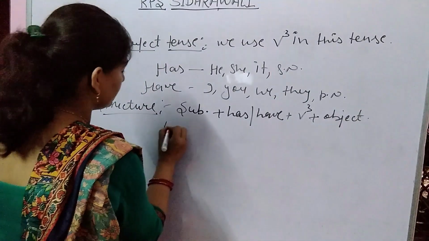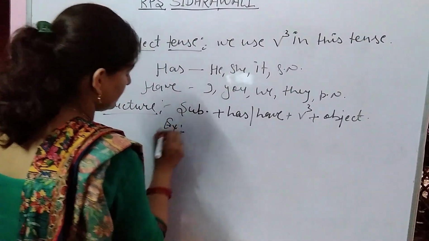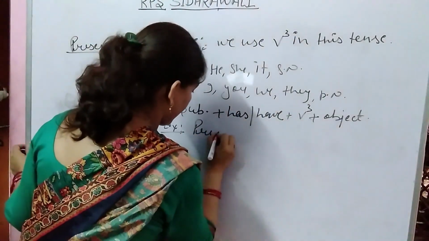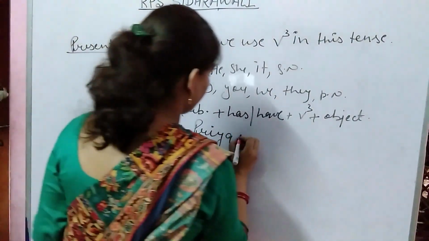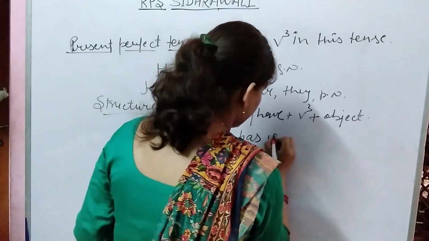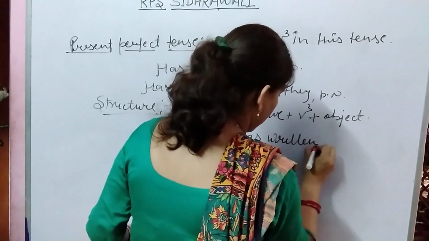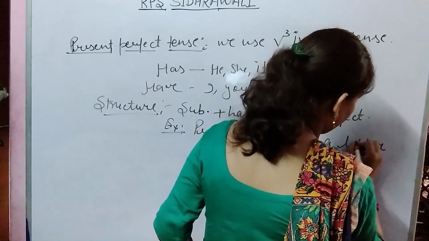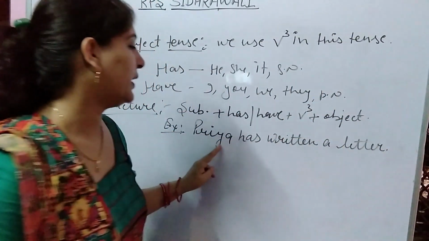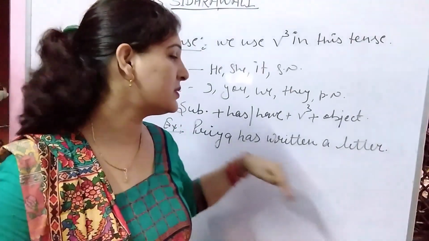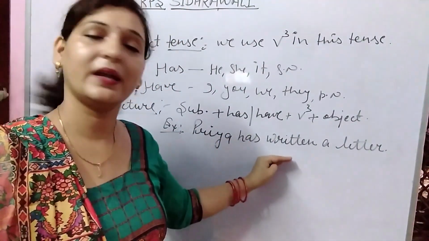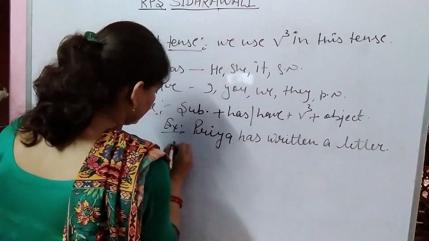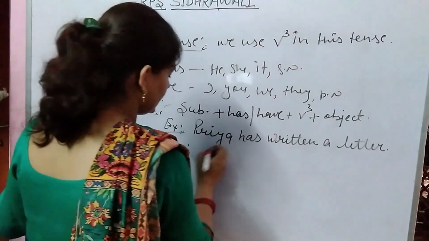Let's see the example. Priya has written a letter. प्रिया एक लेटर लिख चुकी है, यानी कि उसने रिसेंटली अभी अपना वर्क फिनिश किया है. ठीक है, अगर हम इसको नेगेटिव में लिखते हैं, then let's see in the negative tense.